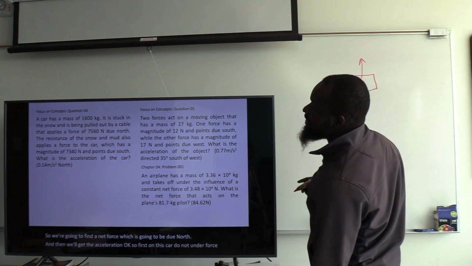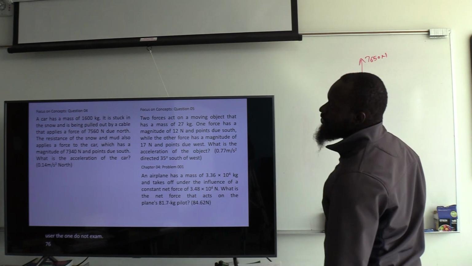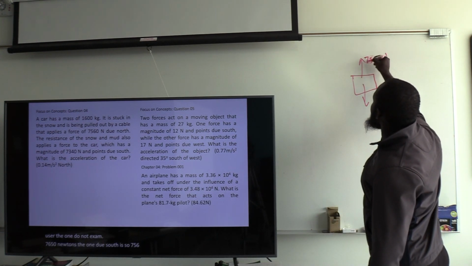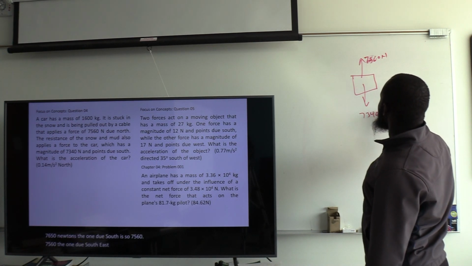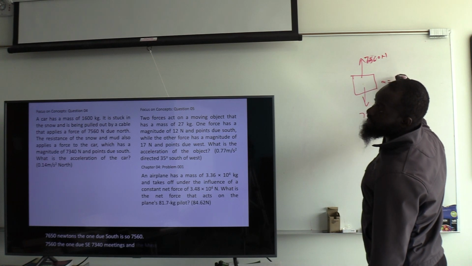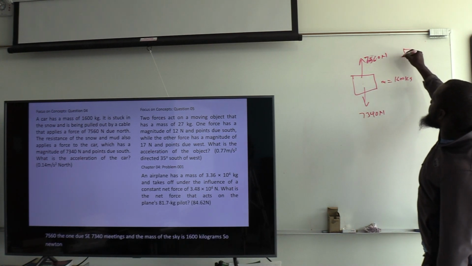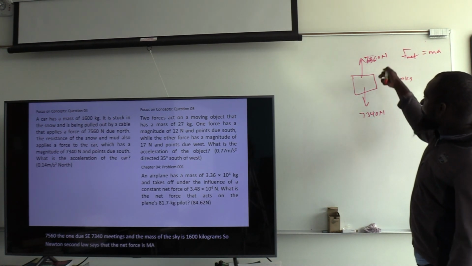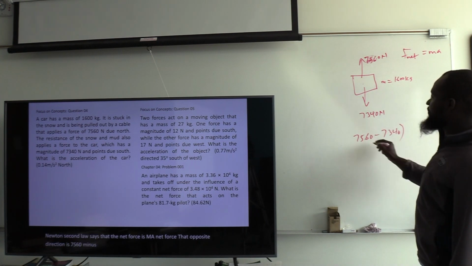So force on this car, due north, another force due south. The one due north is 7560 newtons. The one due south is 7340 newtons. And the mass of this car is 1600 kilograms. So Newton's second law says that the net force is ma. Net force, the opposite direction, is 7560 minus 7340. That's my net force.